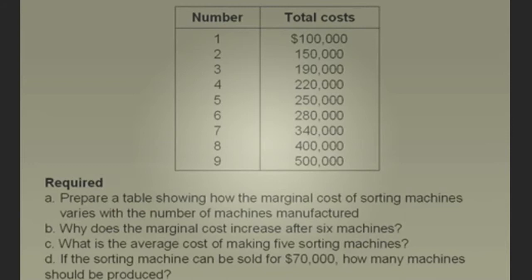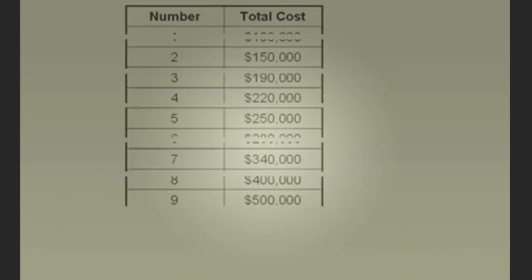Let's do part A. Let's do a table showing marginal cost. It'll look like this. That's the total cost. For 1, it's 100,000, 2, 150, 3, 190. And I copied this from the table.